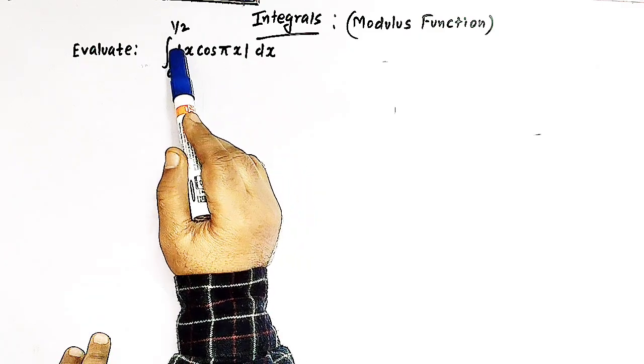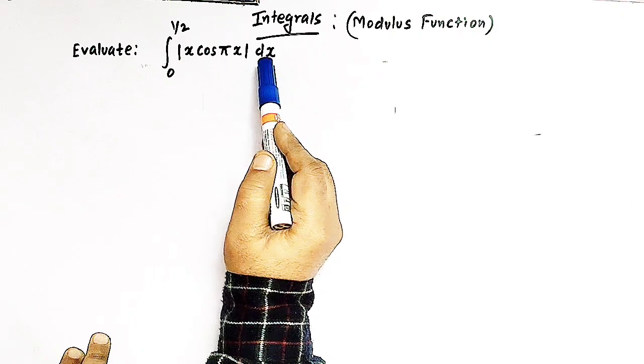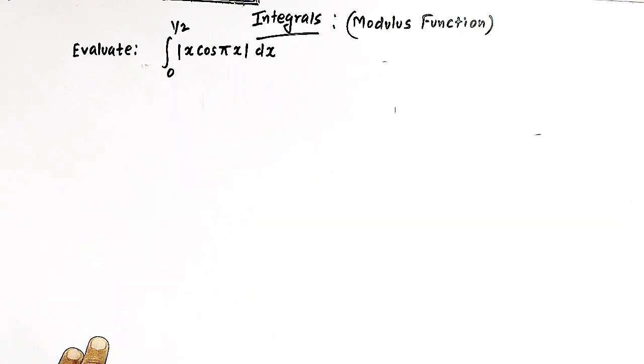So here we have mod of x times cosine pi x dx, and we'll solve this definite integral using three important concepts, including the method of substitution in integration, right? So let us first quickly see the three important concepts which are going to be quite useful in evaluating this integral.